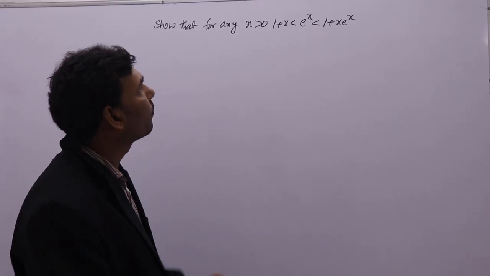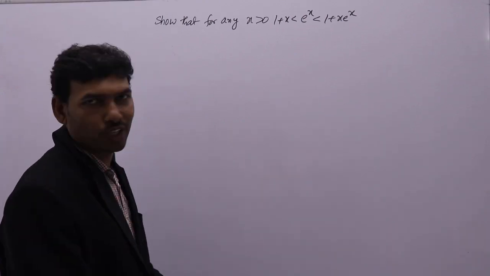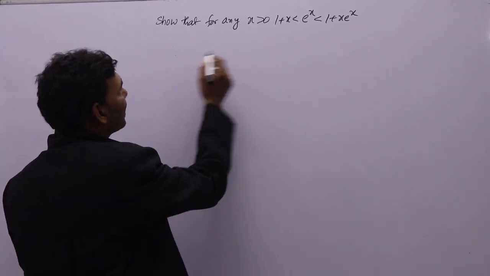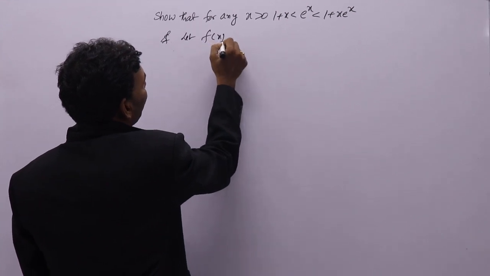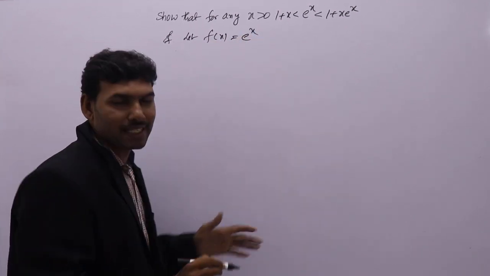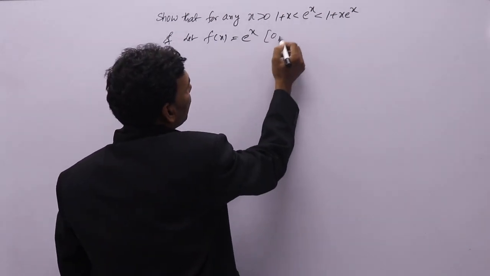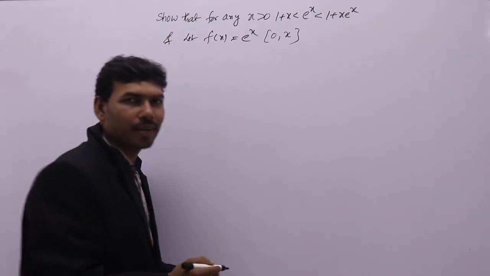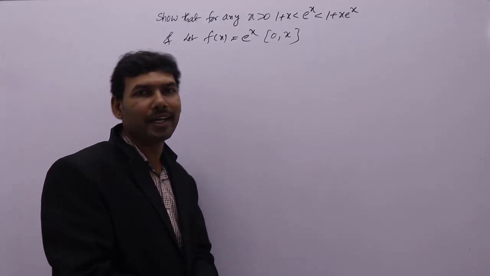So one more inequality, same in Lagrange's mean value theorem. Using Lagrange's mean value theorem only we are going to prove it. Here x greater than 0, so take f of x as e power x. X greater than 0 means the interval will be 0 to x. I said the exponential function e power x is always continuous and derivable in any interval.